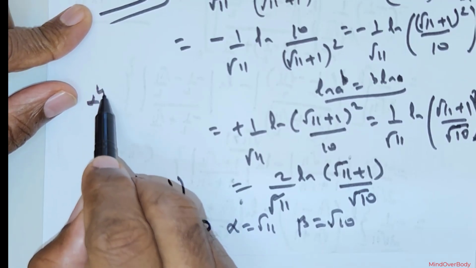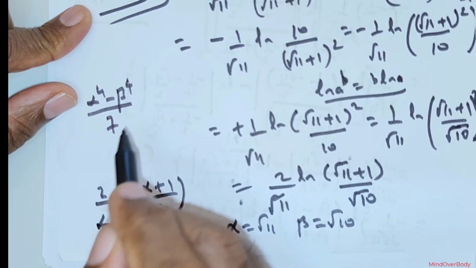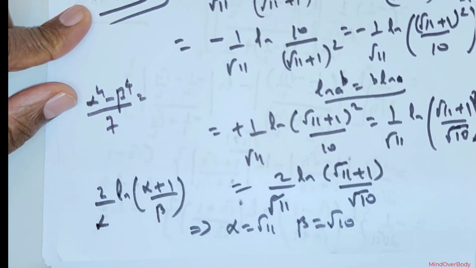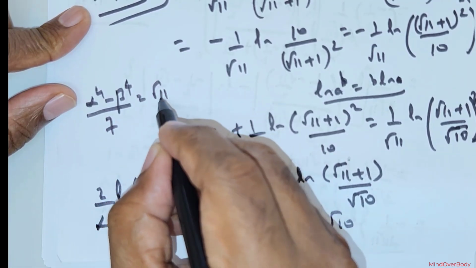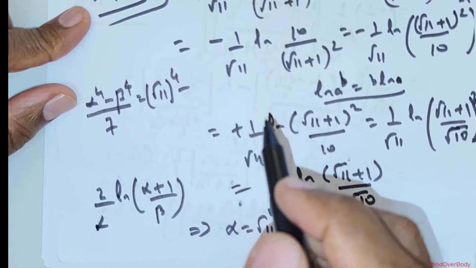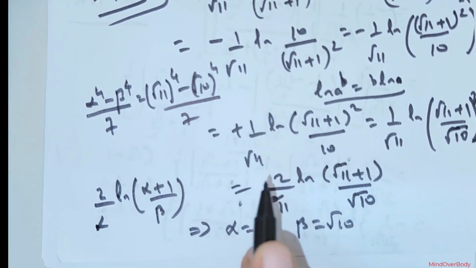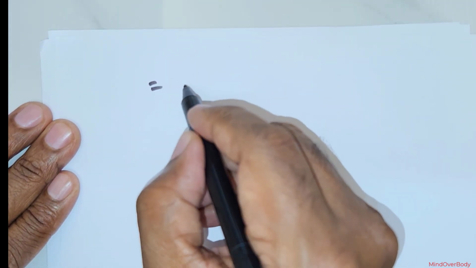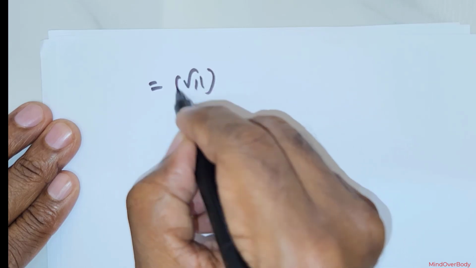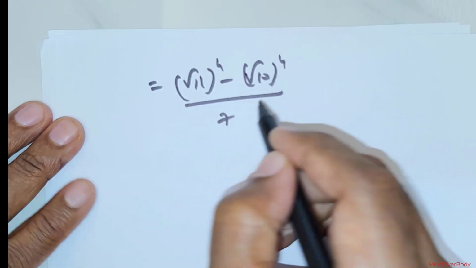So therefore alpha raised to the power of 4 negative beta raised to the power of 4 divided by 7 is equal to, in place of alpha you have root of 11 raised to the power of 4 negative root of 10 raised to the power of 4 divided by 7. So let me go over here. This is what we've got, right? Root of 11 raised to the power of 4 negative root of 10 raised to the power of 4 divided by 7.